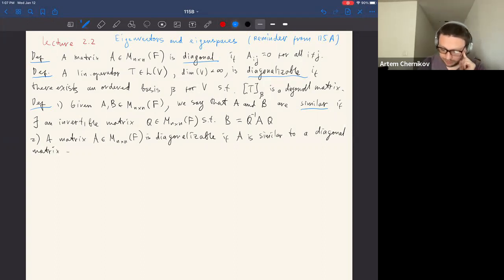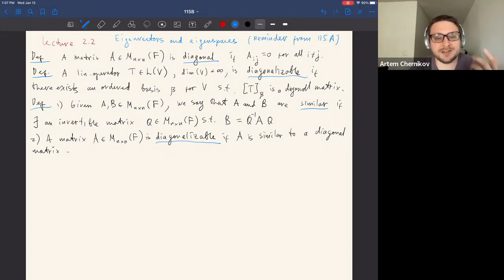You see we have these two definitions of what it means to be diagonalizable. One is for linear transformations, one is for matrices. For a linear transformation, it's defined in terms of the existence of some basis with respect to which the matrix representing it is diagonal. For matrices, we define it in a more computational manner: the matrix is diagonalizable if by conjugating by some invertible matrix, we can get a diagonal matrix.